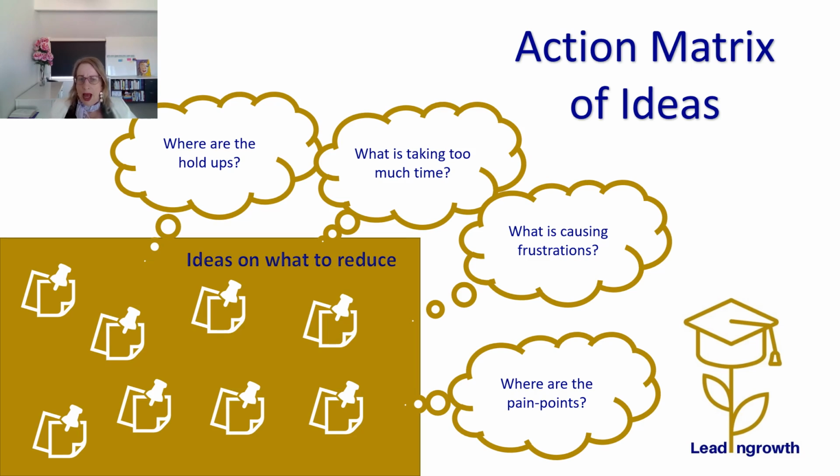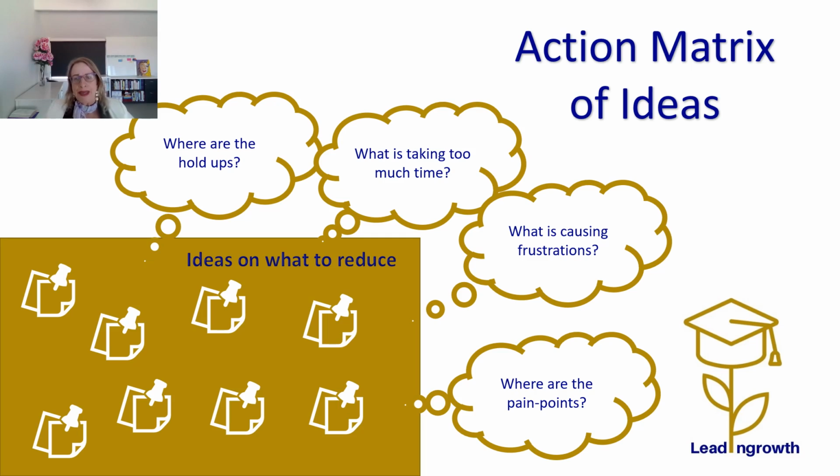So asking the questions about what's causing frustrations, what's taking too much time, where are the holdups? These are the kind of questions. What's producing inefficiencies within a system? What is making things work not as smoothly as what we would like them to be?